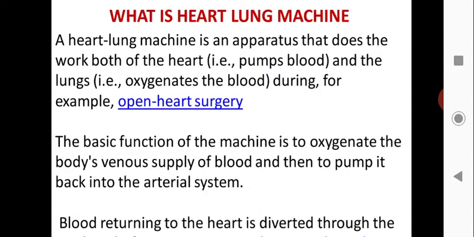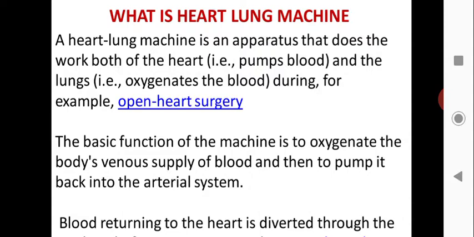So to facilitate this, we implement a machine called the heart lung machine. The heart lung machine will do the function of both the heart and the lungs. The heart pumps the blood and the lungs oxygenate the blood.